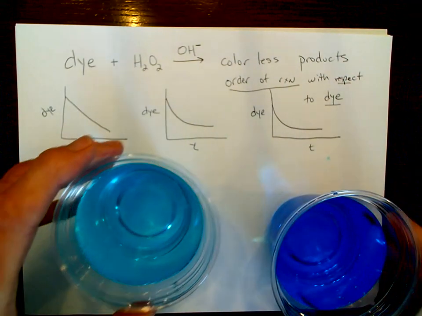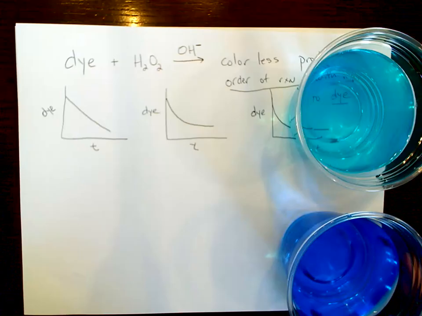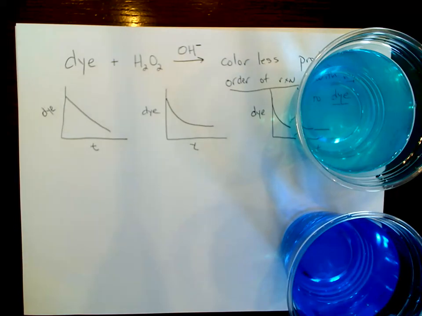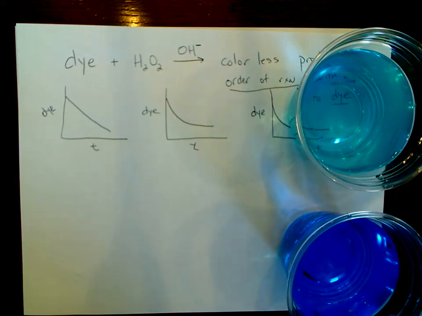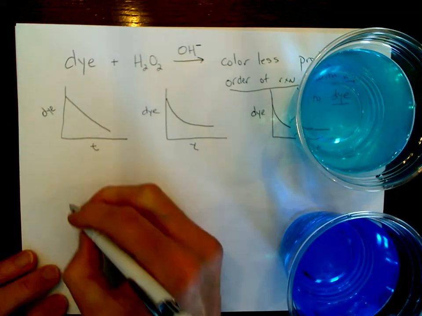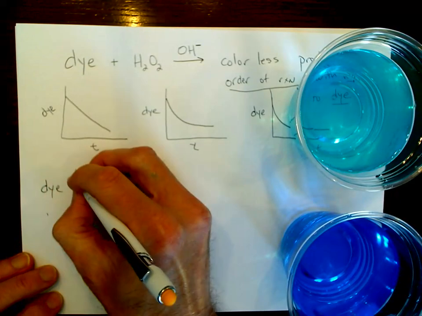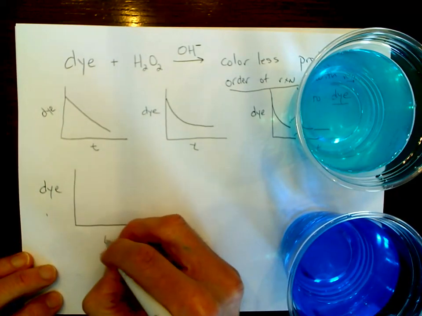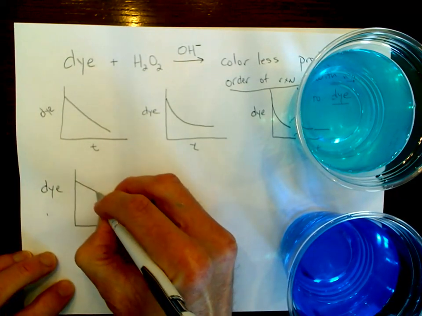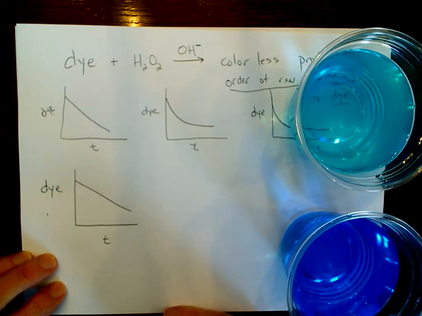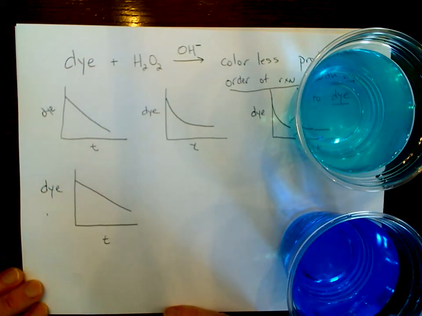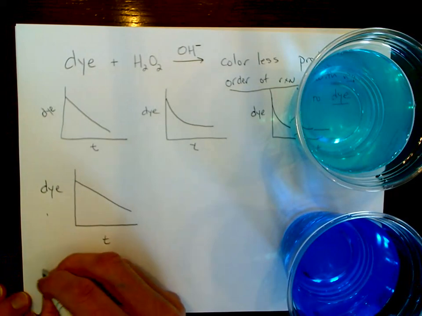So how does this work? Well, again, remember I told you we were only going to need to worry about zero, first, and second order processes. So I'm going to give you what each of these look like. In the first case, if we have the dye concentration decaying in time in a linear fashion, so it's dropping in a straight line fashion, what you get is an equation that looks like this.